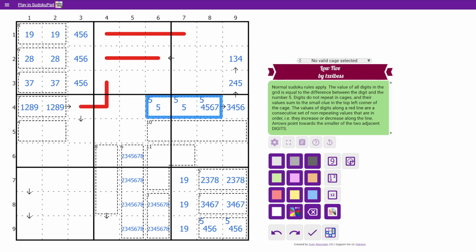This 3 value is going to have those are its only possibilities.